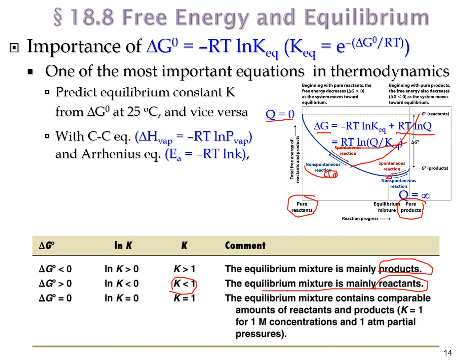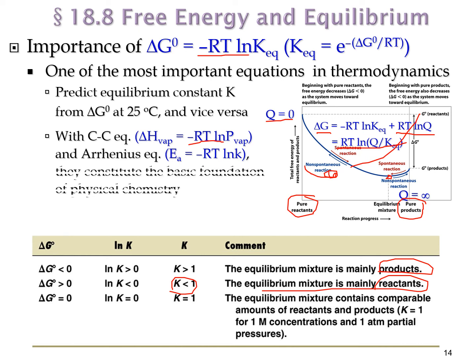From the Arrhenius equation, we understand EA is negative RT log of K. And of course, in our chapter, delta G0 equals negative RT log of KEQ. Now we see negative RT times log, negative RT times log. So why the similarity? Why are they the same, even though we understand they constitute the basic foundation of modern physical chemistry?